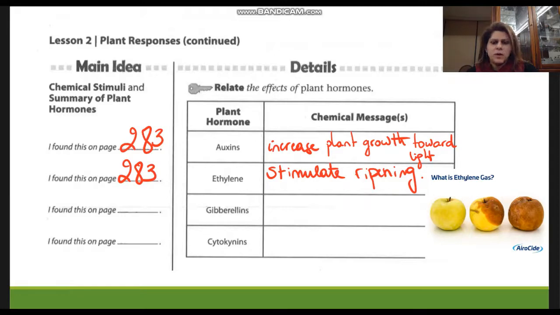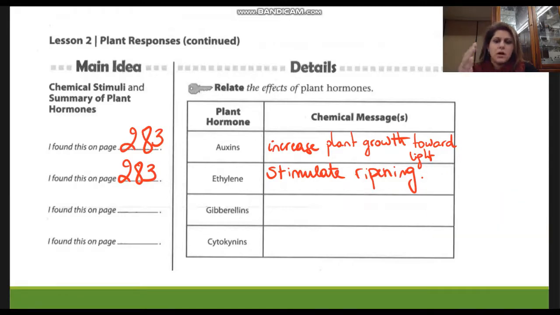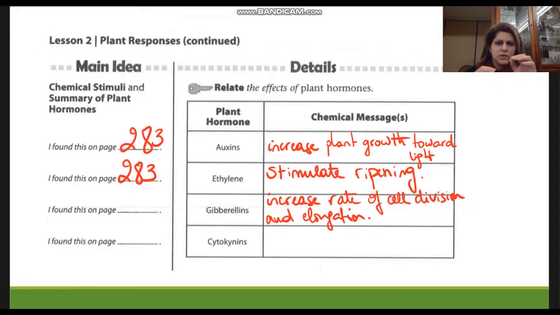Now, the gibberellins. Gibberellins are also types of hormones. They increase the rate. When I say the word rate, the speed. So they increase the rate of cell division. When you were one cell, and then one cell became two, and then four, and then eight, and so on.